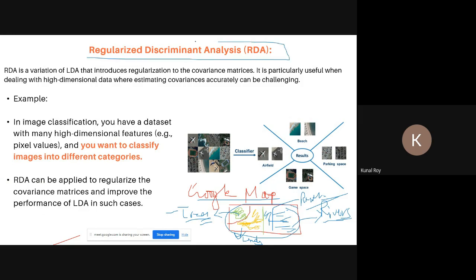The regularized discriminant analysis has more than five or six discriminant functions, and the independent variables can be more than three or four, and dependent variables can be more than three also.